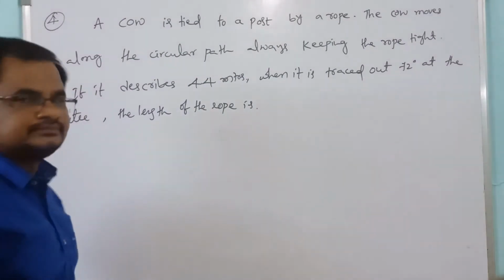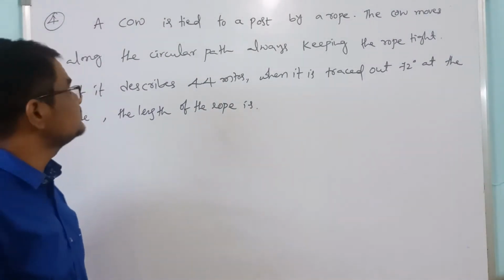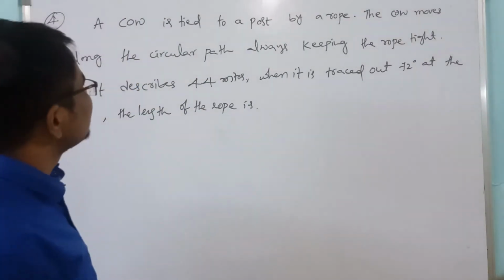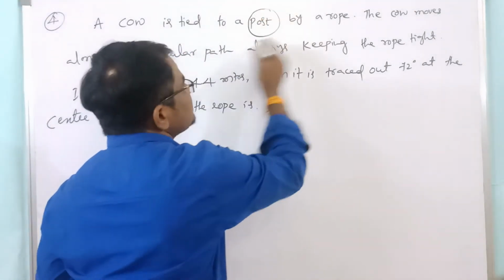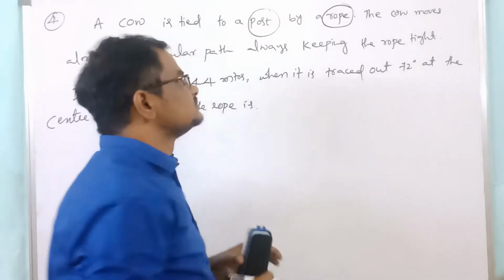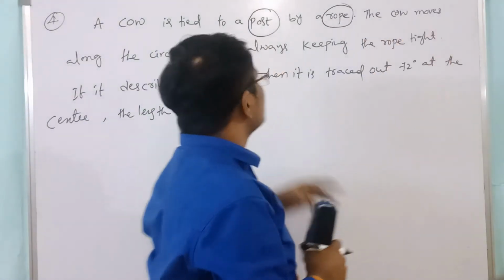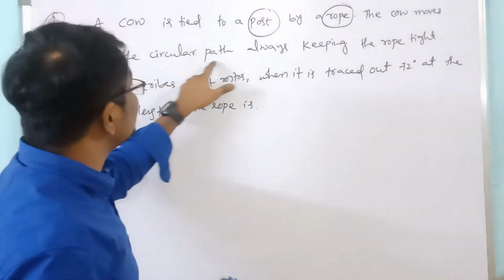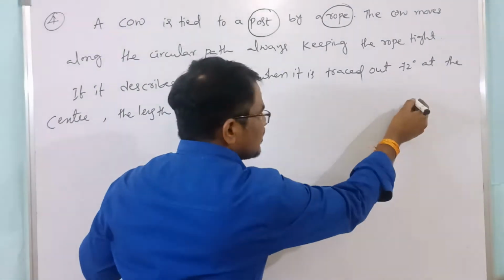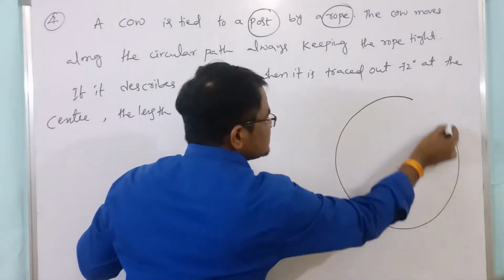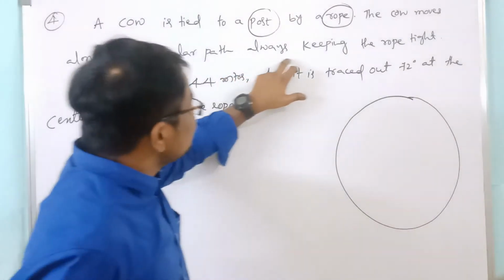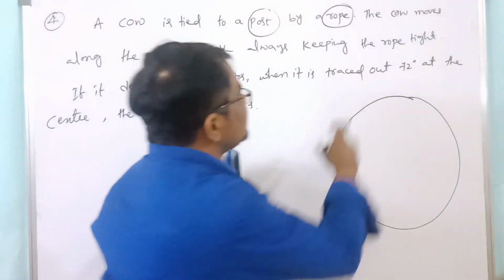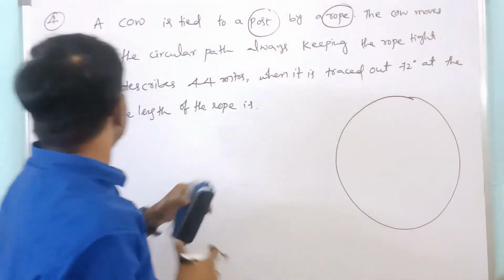Okay. See the fourth problem. What is given? A cow is tied to a post by a rope. The cow moves along the circular path, always keeping the rope tight.